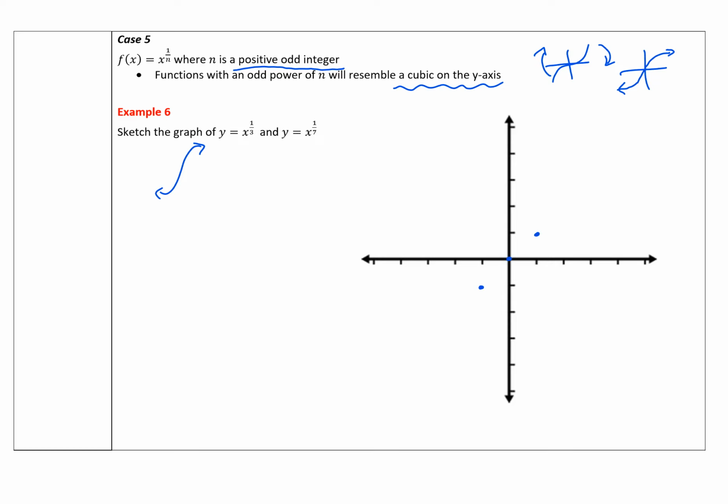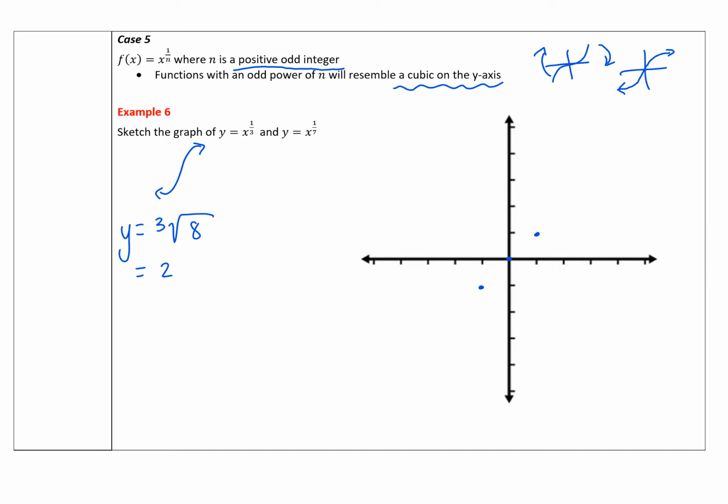Well, if I subbed in something that was bigger than 1, so let's say x equals 8, then we'd know that y equals the third root of 8, or 8 to a third. And that number is physically 2.